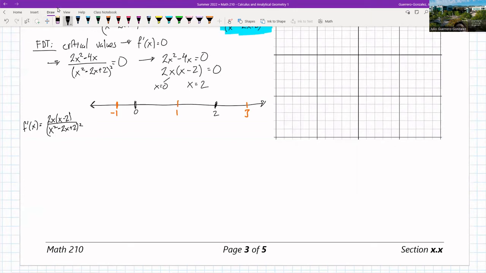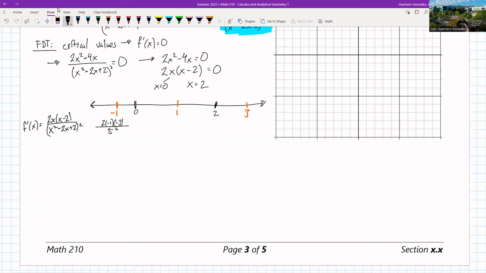All right, I'm going to start plugging in values. If I plug in negative 1, I get 2 times negative 1 times (negative 1 minus 2), which is negative 3, all over (negative 1 squared, that's 1, minus 2 times negative 1, that's plus 2, plus 2), that's 5 squared.